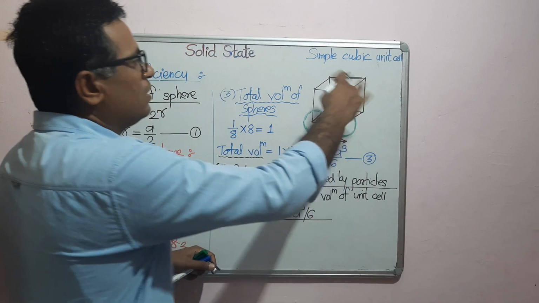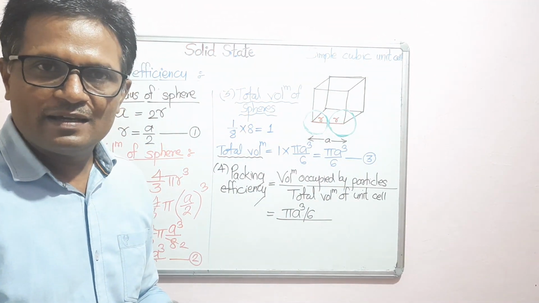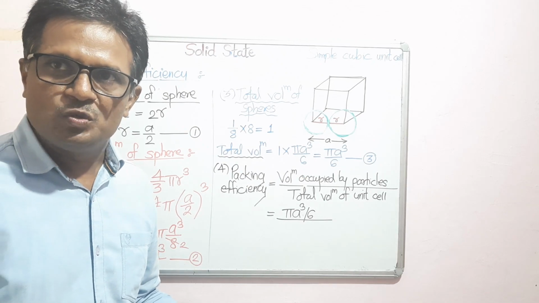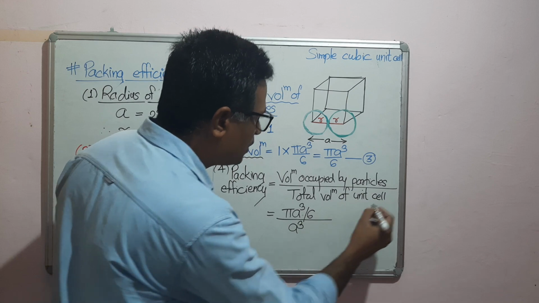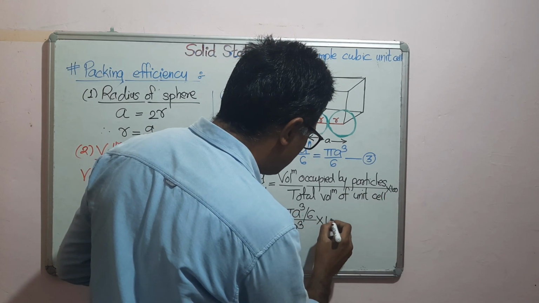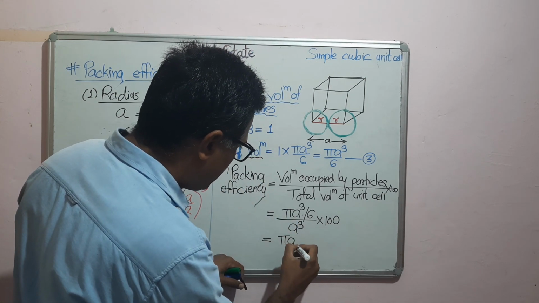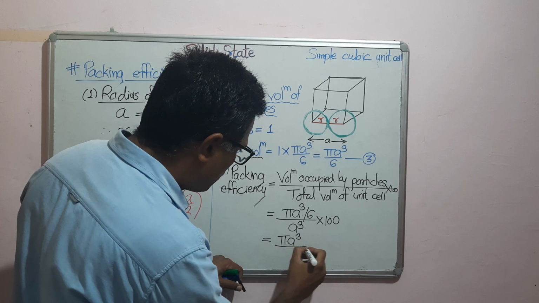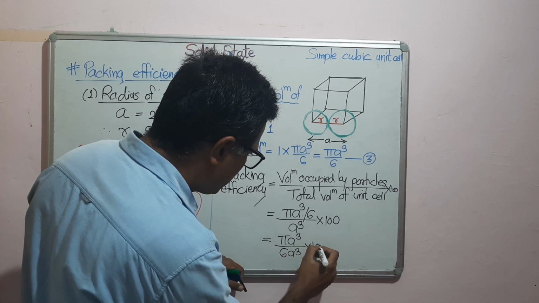So what is the total volume of the unit cell? If the edge length is a and it is a symmetric perfect cube, the volume becomes a cube. So here, into 100, is equal to pi a cube upon 6 a cube into 100.